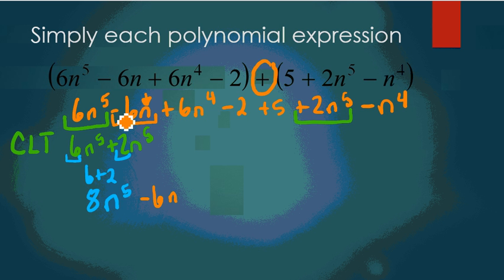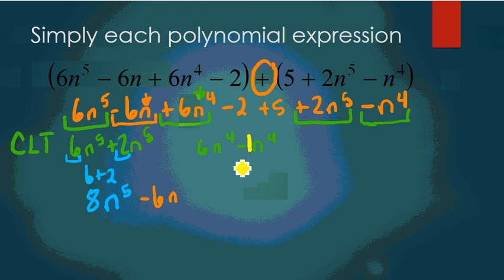Okay, now we're going to look for pairs that match with plus 6n to the 4th. So we're looking at n to the 4th, and here's another n to the 4th right here. All right, so that is like saying 6n to the 4th minus n to the 4th. And what you have to remember is that you can put a 1 right here.